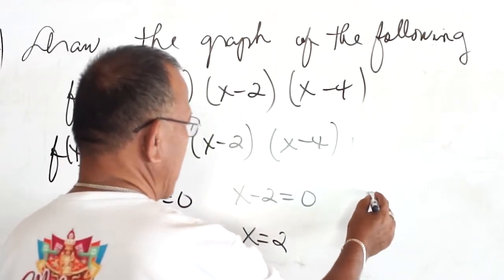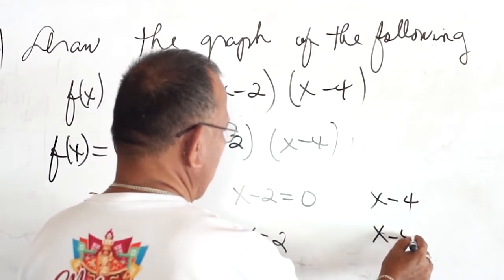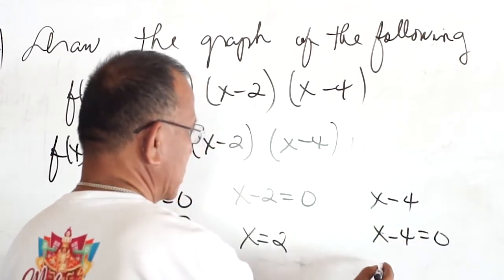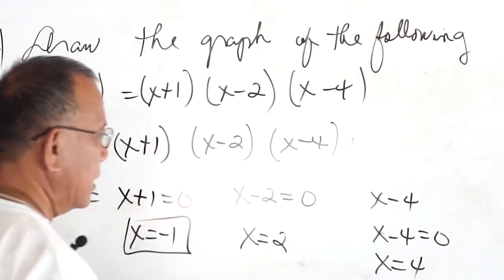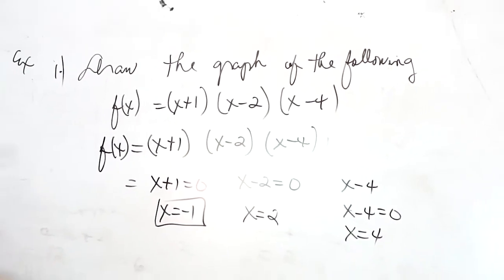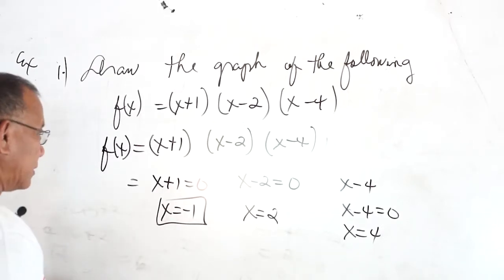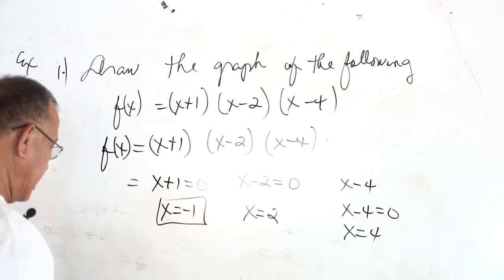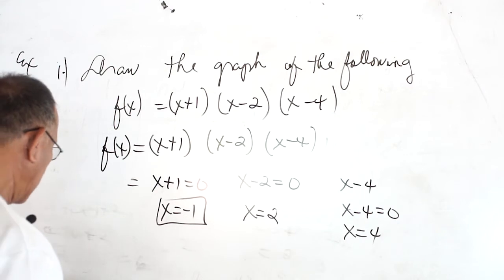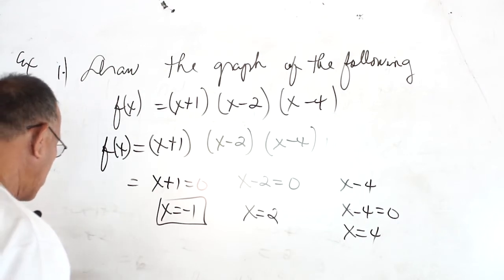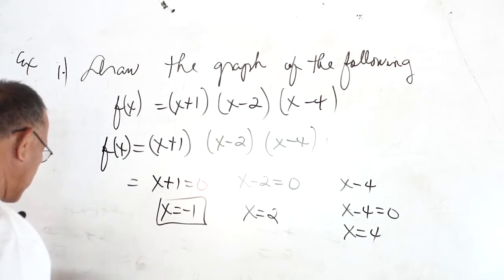Next, x minus 4 is equal to 0, so therefore x is equal to positive 4. Then, since the function is of third degree, the graph crosses the x-axis at most 3 points. Also, the graph has at most 2 turning points.